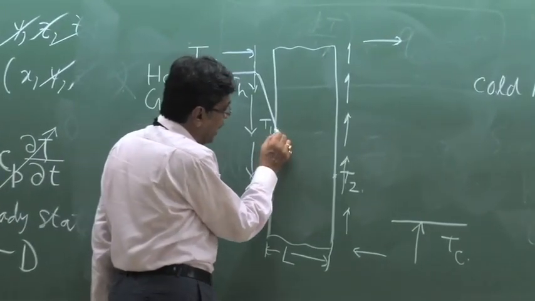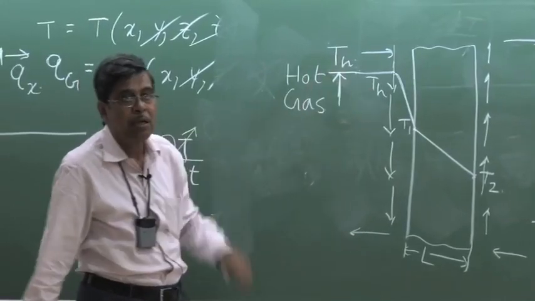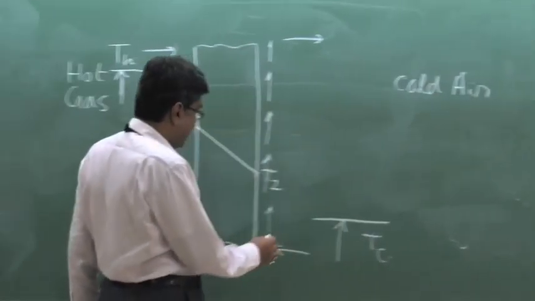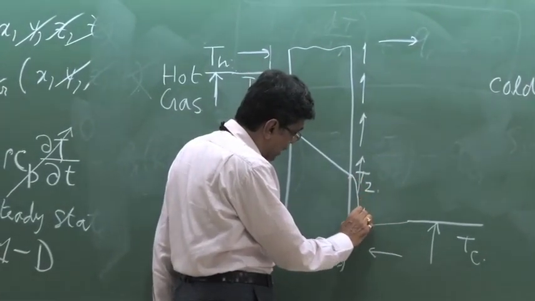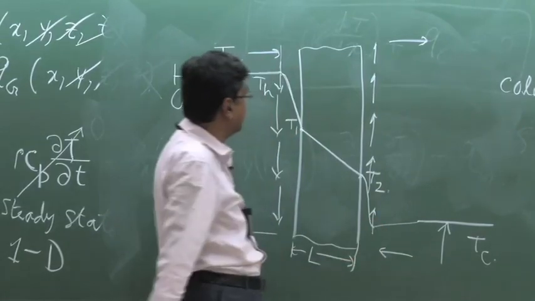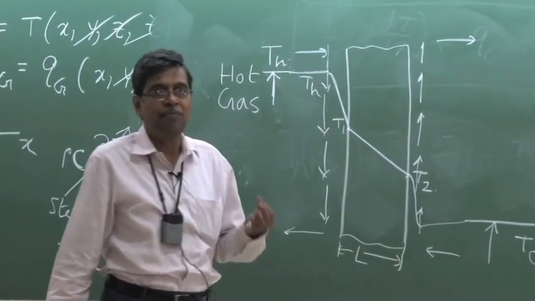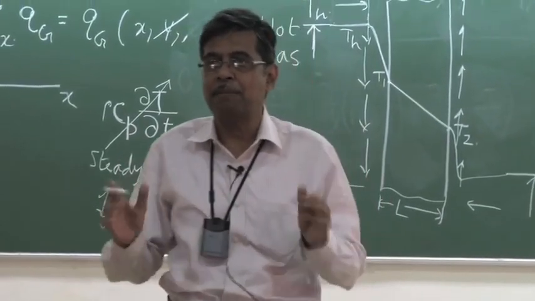From here, we get a linear temperature profile from T1 to T2 by similar deduction as we did for the earlier case, and then from T2, there is a thin film adhering to the surface within which the temperature change takes place. This film is defined as the thermal boundary layer, which we will discuss afterwards. We accept this.